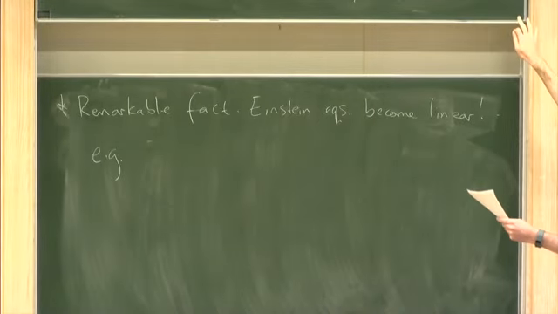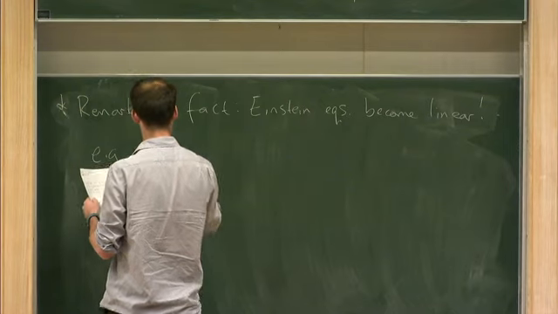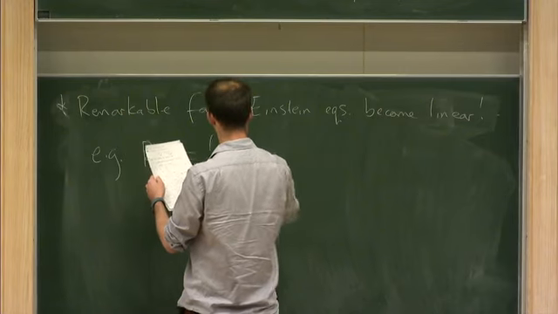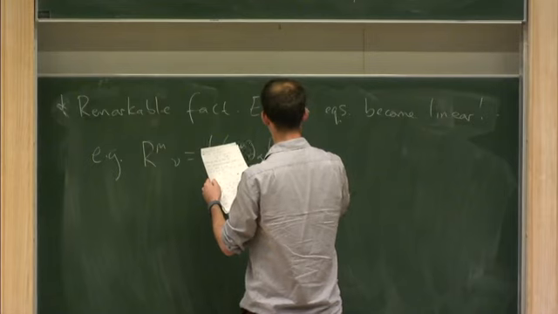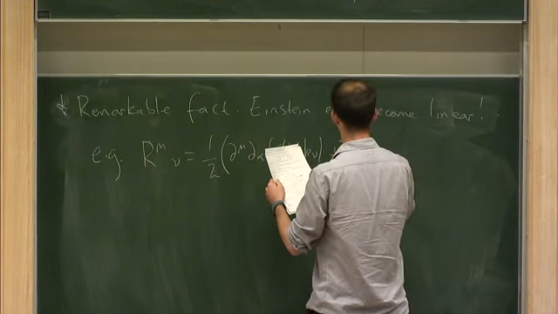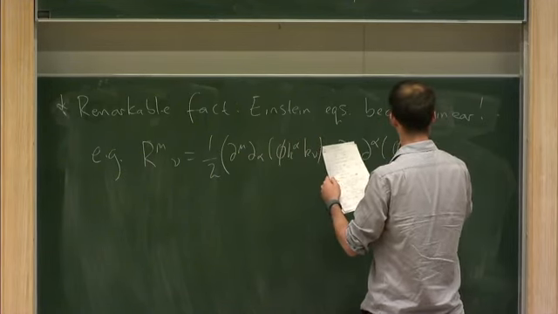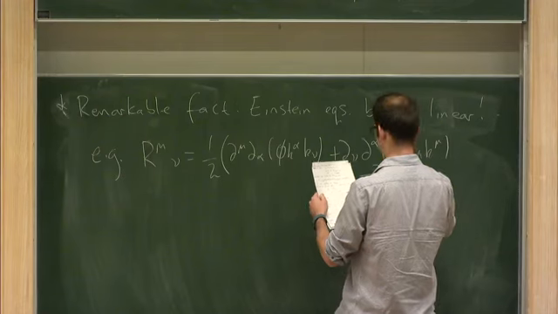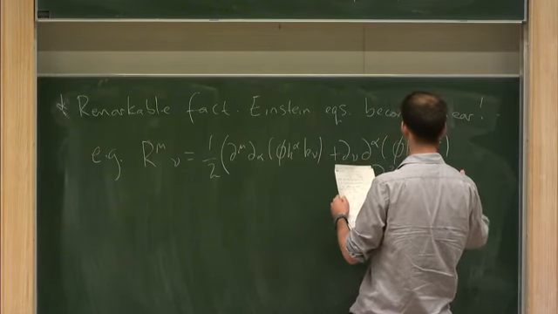If you just make these assumptions on k, if I put one index up and the other one down, then I get a half, and then d mu d alpha phi k alpha k mu plus d nu d alpha phi k alpha k mu minus d squared phi k mu k nu.